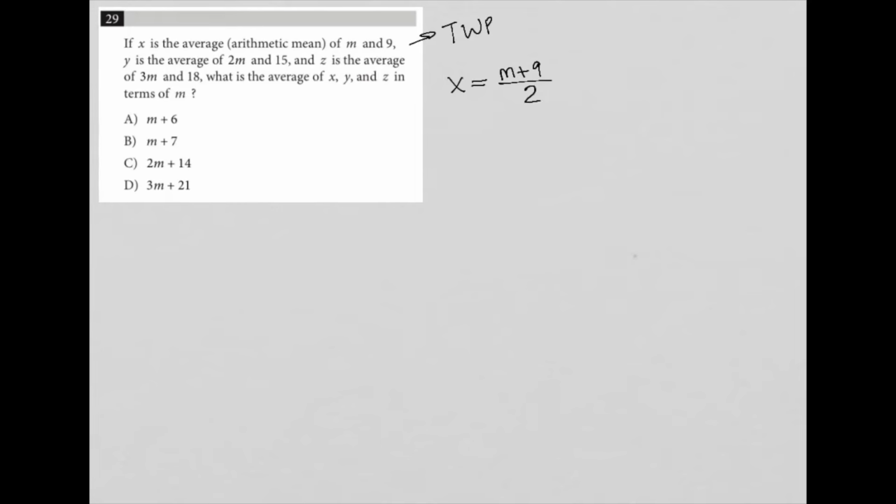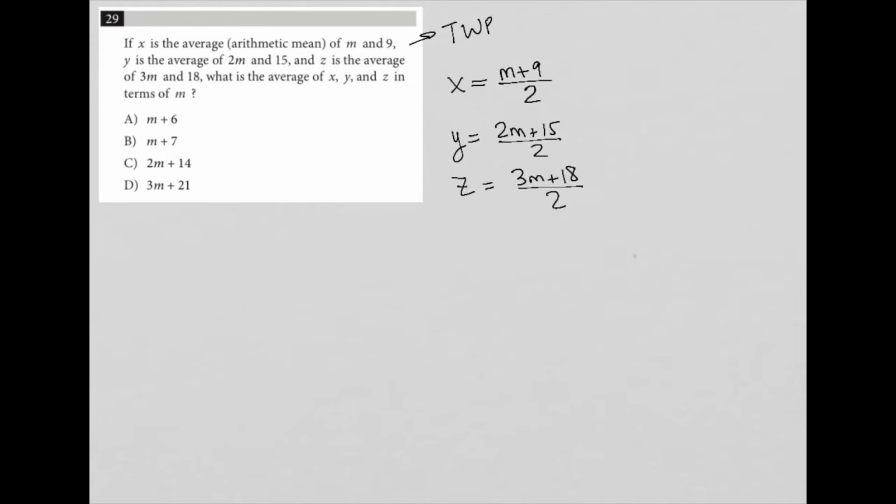And it says y is the average of 2m and 15, so that means y is equal to 2m plus 15 divided by 2. And z is the average of 3m and 18, so 3m plus 18 divided by 2 equals z. What is the average of x, y, and z in terms of m?